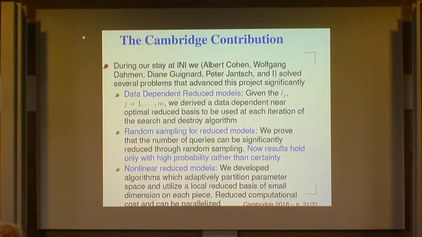What we were able to do here is to show that instead of taking a discretization of parameter space to the accuracy you want, which grows exponentially, you instead do random sampling of parameter space. This makes sense, right?